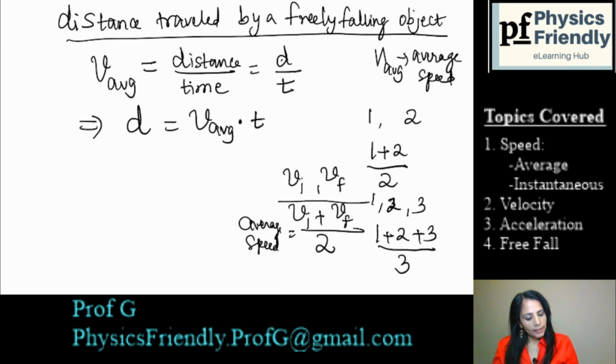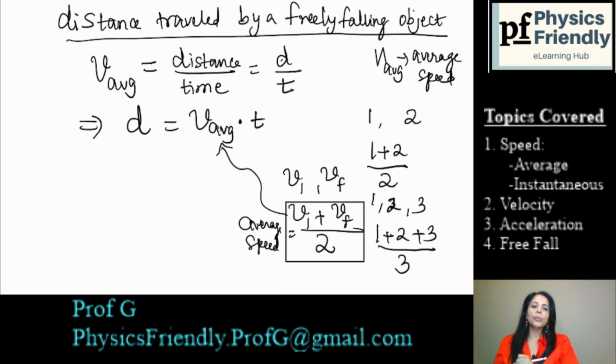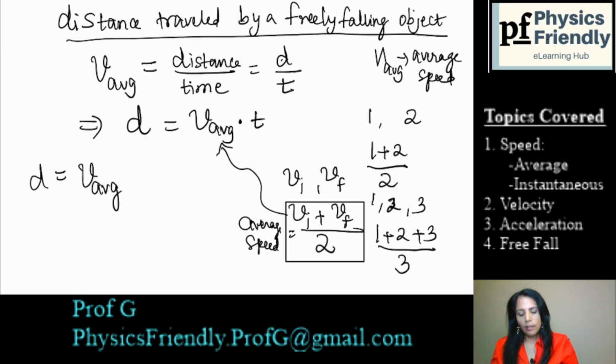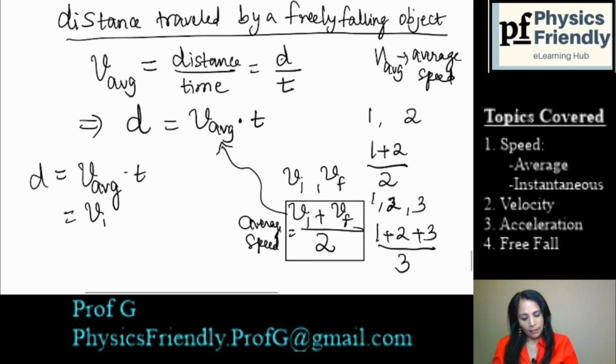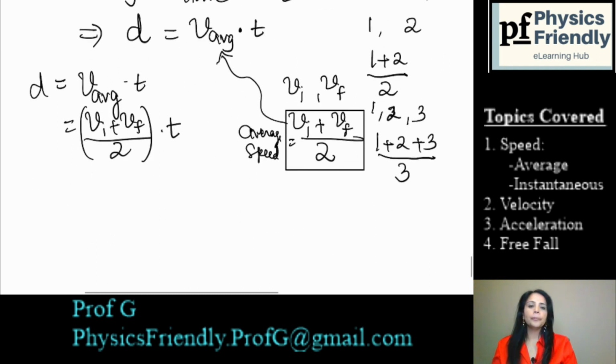Since this is my average speed, I can bring this and substitute that in the given equation. So if I do that, I have d, which is average speed times t. In the place of average speed, I am bringing in vi plus vf over 2, times t.